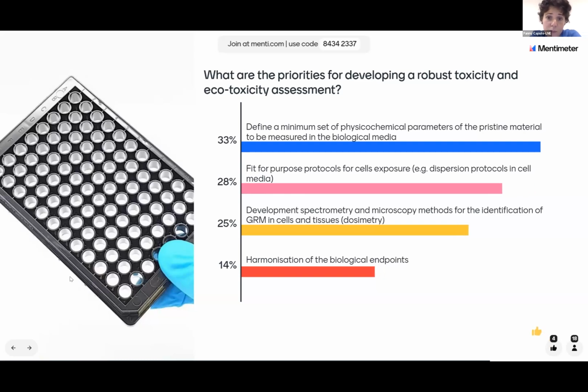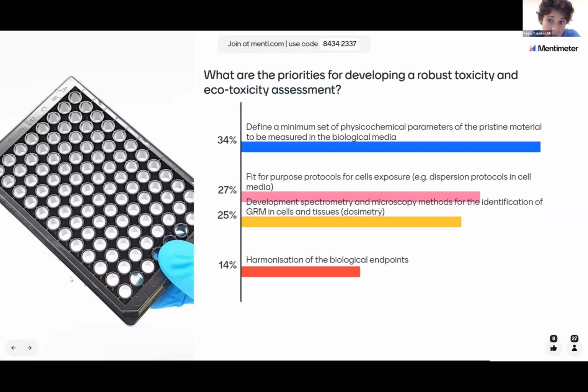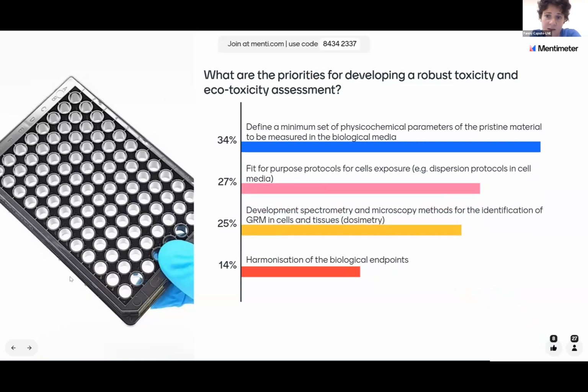Having fit-for-purpose protocols for cell exposure, and here we are coming back to having dispersion protocols, which allow us to understand the aggregation and agglomeration propensity of those materials when they are put in cell media, being for cell or ecotoxicological studies. Or it is important to harmonize the biological endpoints.